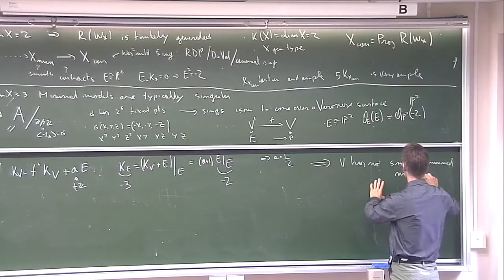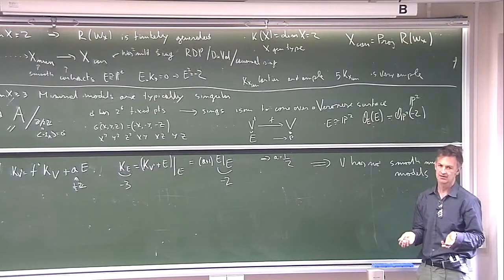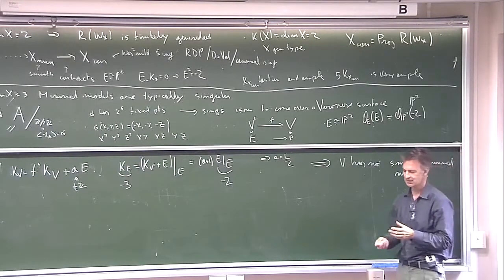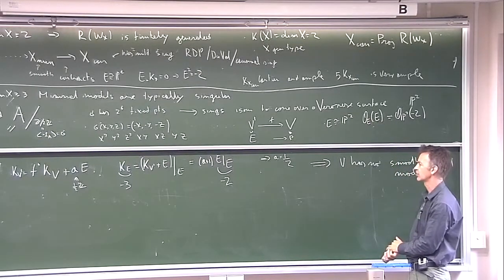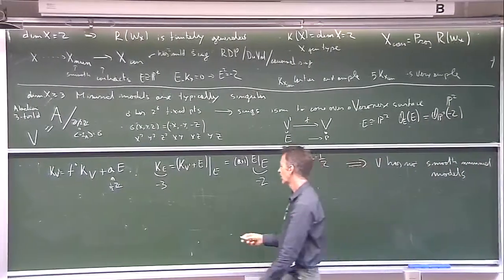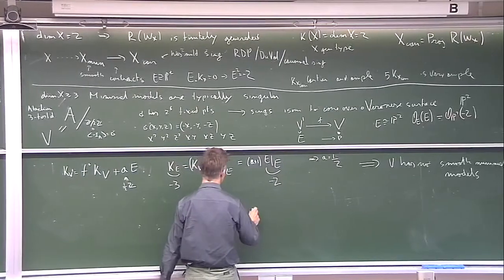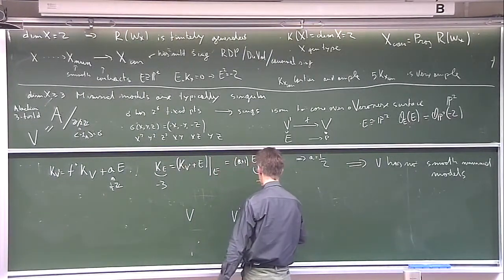And in fact, it has no minimal model where the canonical class is a Cartier divisor. Twice the canonical class will be Cartier, but the canonical class itself will not be Cartier. So why is that? So I have V. Suppose I have another, V star, another minimal model.